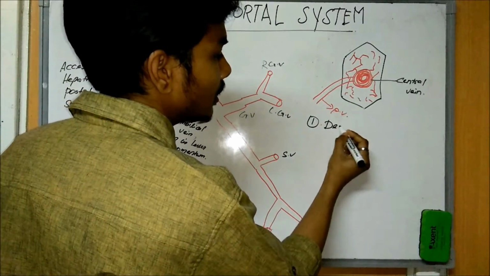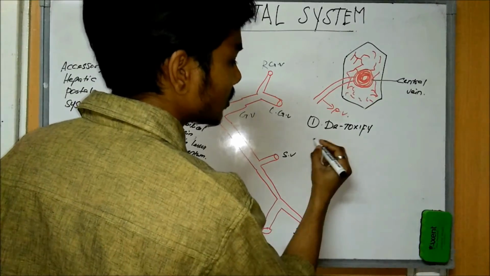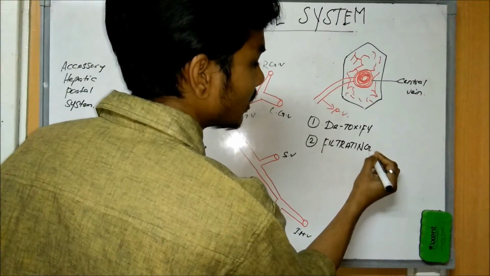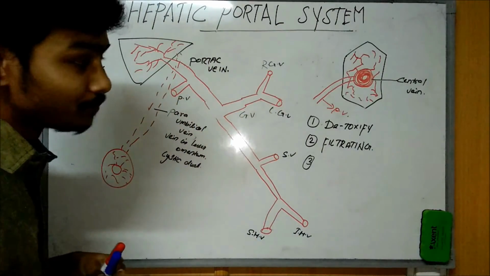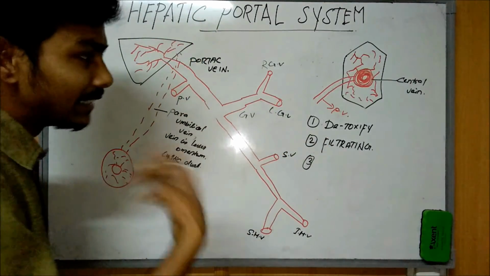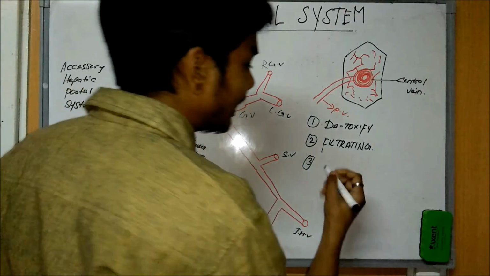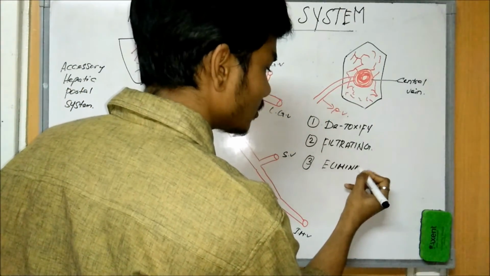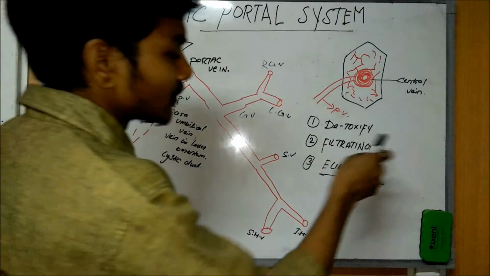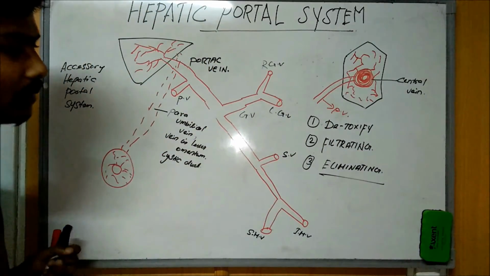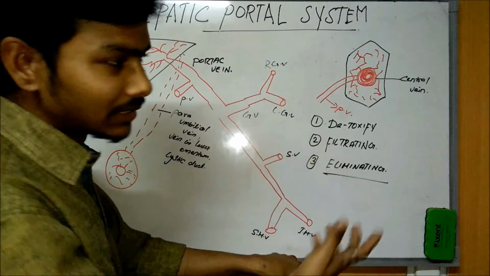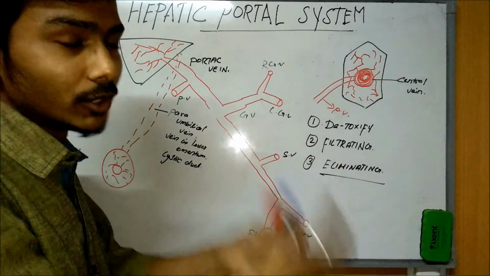The liver cell is detoxifying the toxic material, and then it is filtrating the blood content, and if it is toxic or contains any infectious cells, it filtrates the content and then eliminates the toxins or any other thing which is bad for our body and our cells. So these are the main physiological functions related to the hepatic portal system: detoxifying, filtrating, and eliminating the bad things present in the blood content after absorption.